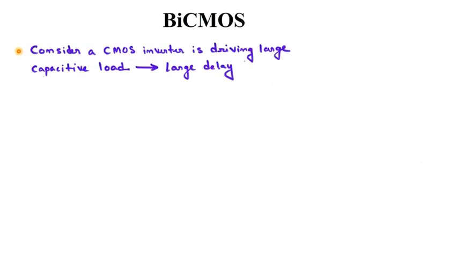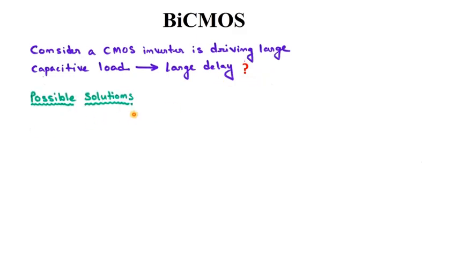Now, consider a situation where a normal CMOS inverter is driving a large capacitive load. What can you comment about its delay? The delay will be pretty high, a very large delay. We do not want that large delay, we need to reduce it. The question is how to reduce it. What will be the possible solutions?